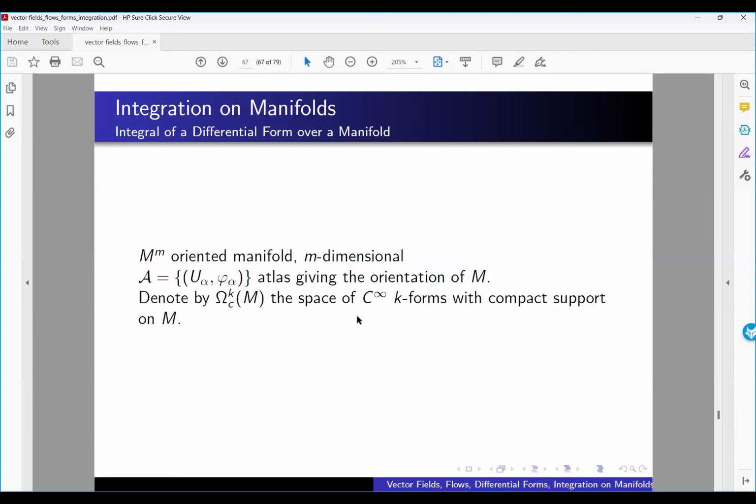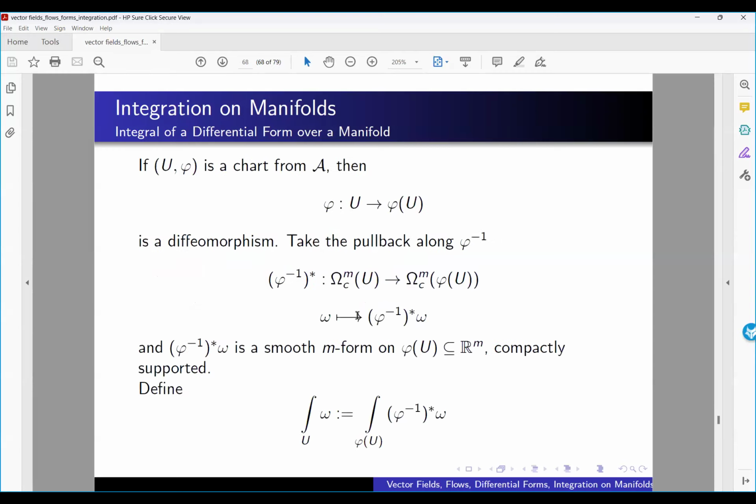If the determinant is positive, then the manifold is oriented, so we have an atlas all giving the orientation. We can define an orientation on the manifold via its atlas, and then we take all the k-forms having compact support on N.